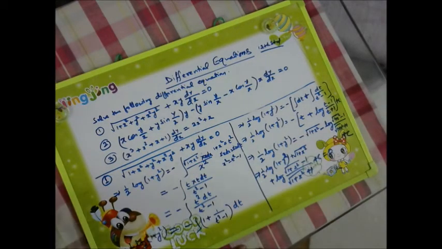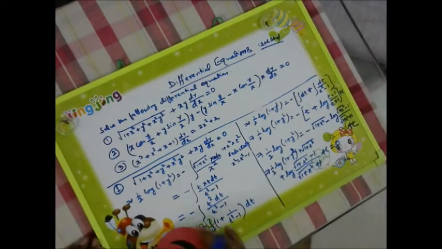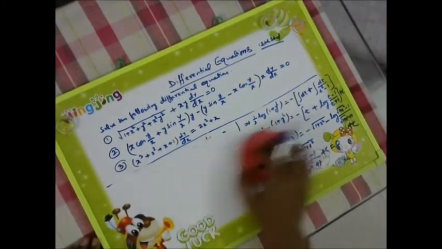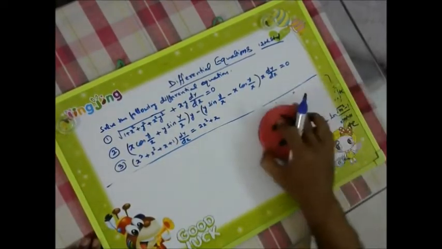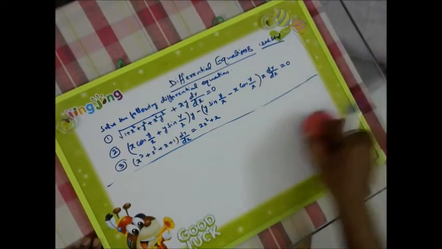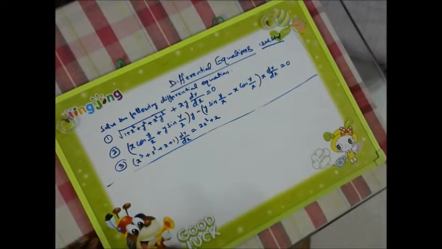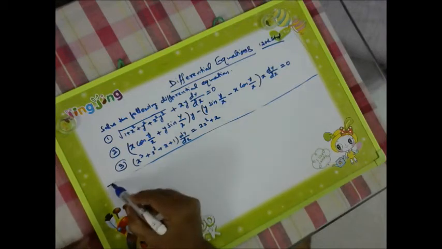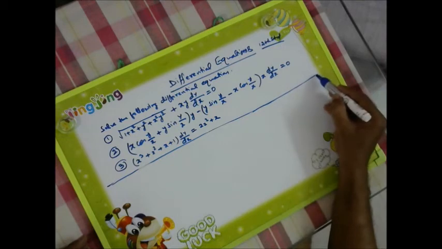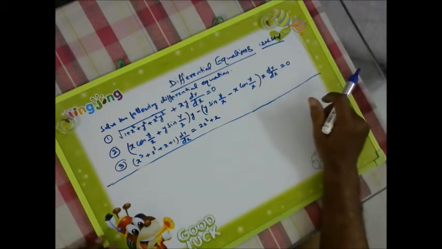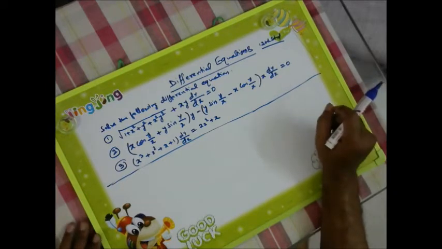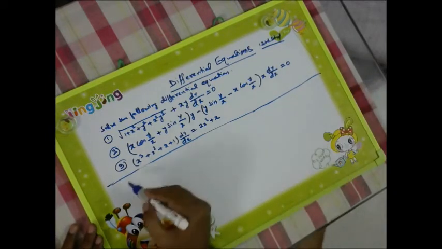So we will solve the next question now. These questions used to be a little bit longer, which includes differentiation and integration both simultaneously, and it needs some type of patience to solve all these questions.